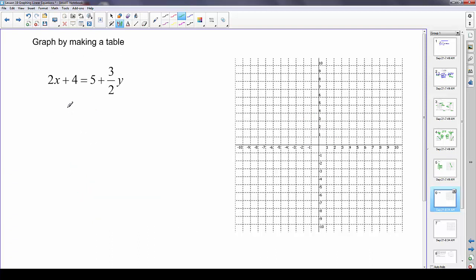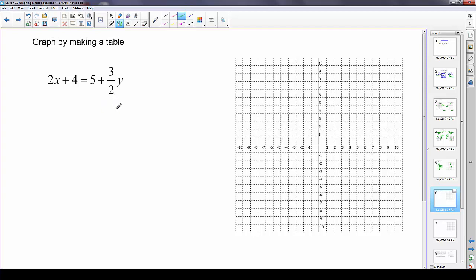So now we're going to graph again by making a table, but this function is way more complicated because in my mind it's not simplified. What I usually like to do is isolate a variable, and whatever variable is isolated, I try to get rid of any coefficients in front of it.